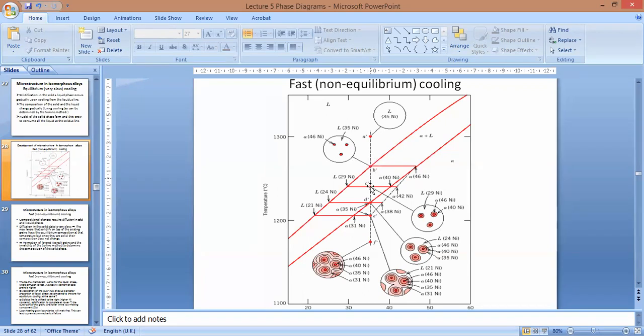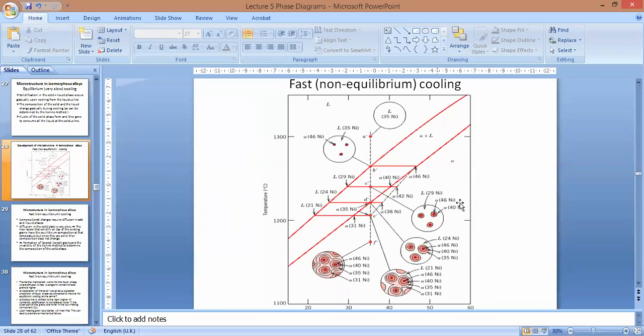Because it's fast cooling, there's no time for these ones to integrate the other crystals that are coming as a result of the cooling. That is very slow. When it's fast cooling, it simply means when you hit this line, there are these particles that form. The next point, what happens?